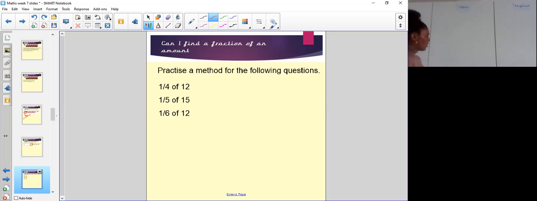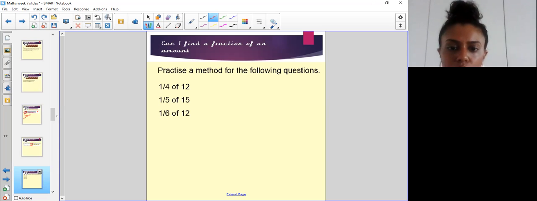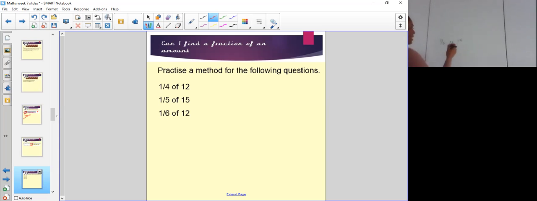So 1/5 of 15. In my bar model, let me just bring you a little bit closer to the board, I will now have a bar and split my bar into 5 pieces. 1, 2, 3, 4, 5.